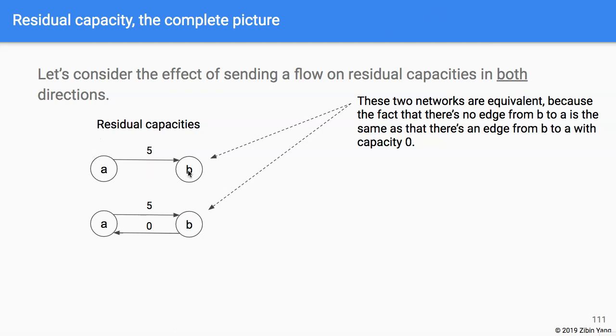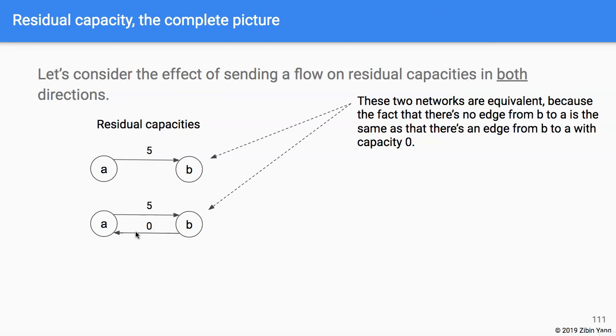So this is an example where there is a residual capacity of 5 going from A to B. Now, this is exactly the same as this network with an additional edge with capacity of 0 going back from B to A, right? So nothing changed here.